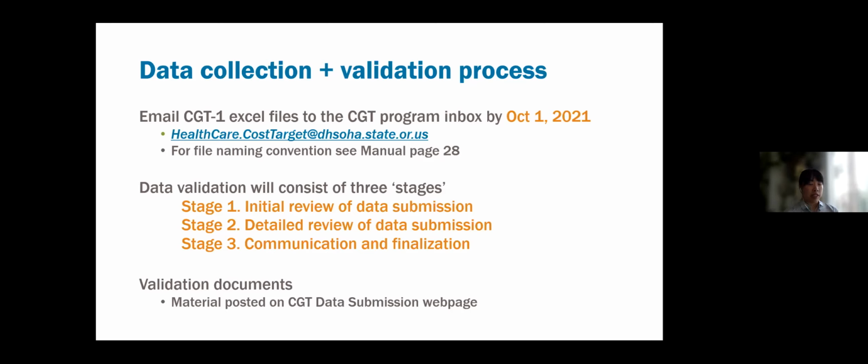And validation documents, we did share the validation draft plan with TAG members, and we got some good feedback, some good thumbs up. So we are finalizing those documents, and they will be posted on the submission webpage.